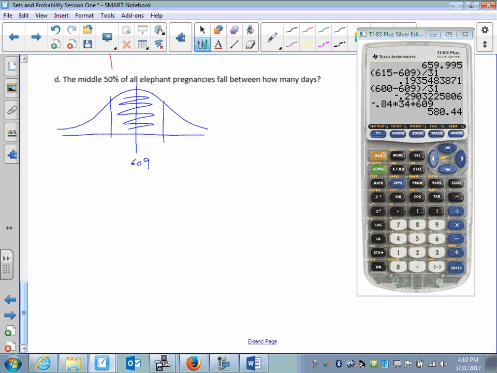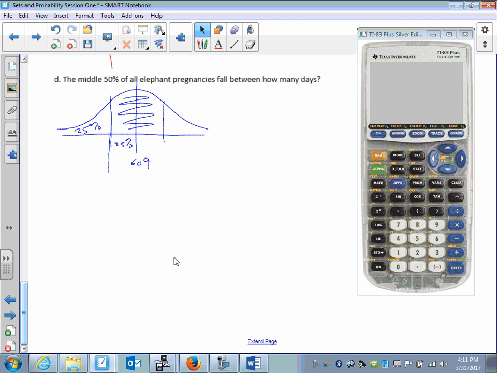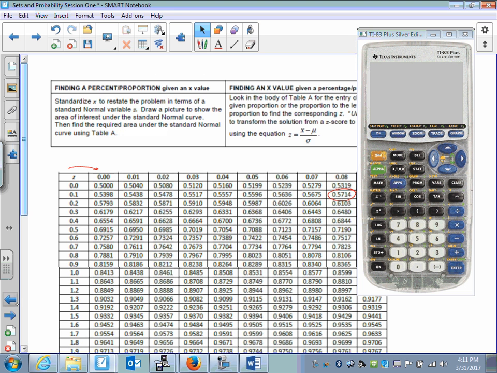We want the middle 50%, so there's actually 25% here. If we could find the z-score for 25%, then the z-score for 75% would be just the positive of that number. So let's go to the table and look for a z-score of 25%.